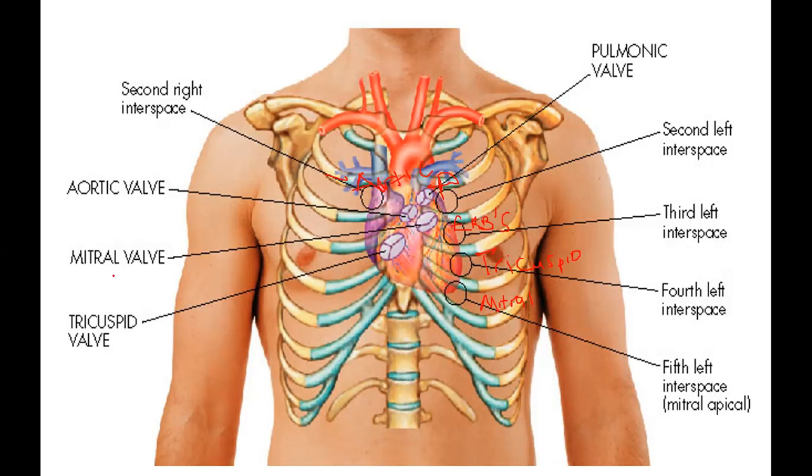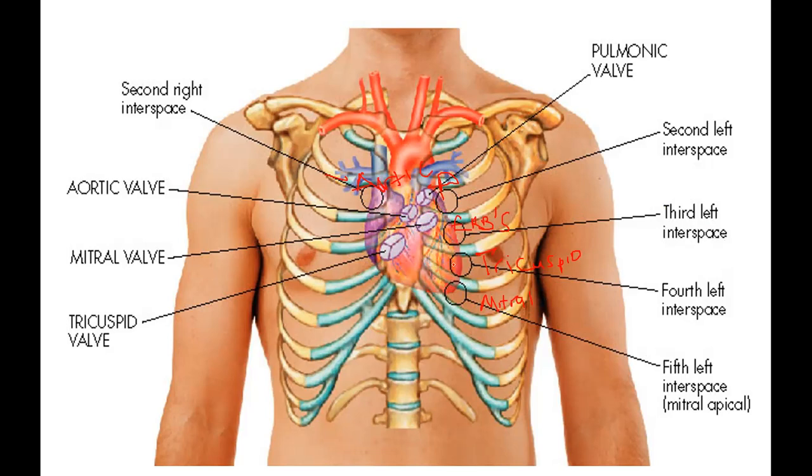Erb's point corresponds to the mitral valve at that point, and so you are able to get sounds coming from the mitral valve. Because it is more centrally located, you are also able to get sounds coming from all the various points radiating to Erb's point.